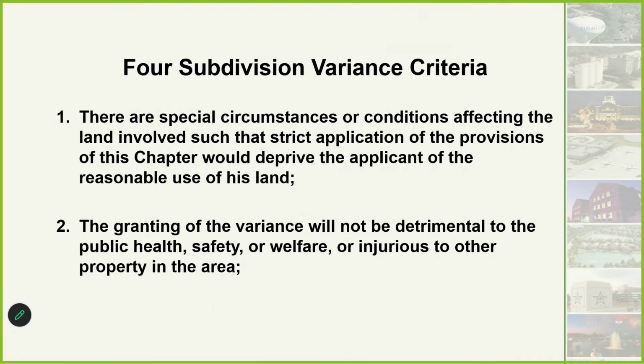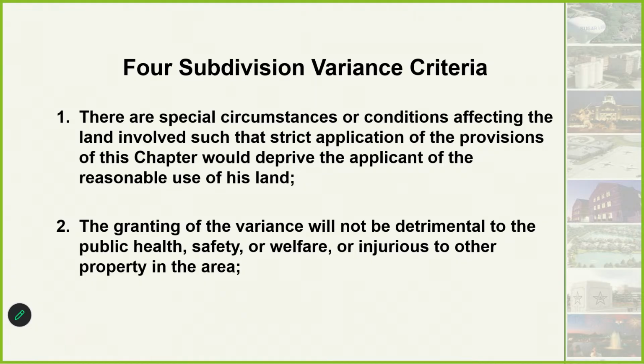There are 4 subdivision variance criteria, as you can recall from our workshop that we did on the process. The first one is that there are special circumstances or conditions affecting the land involved, such that the strict application of the provisions of the subdivision regulations would deprive the applicant of reasonable use of the land.